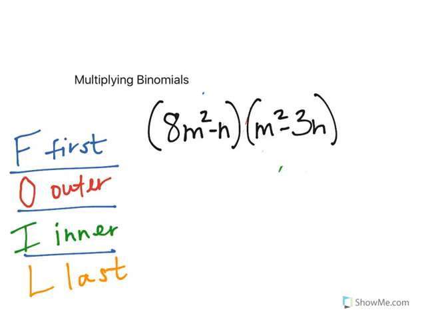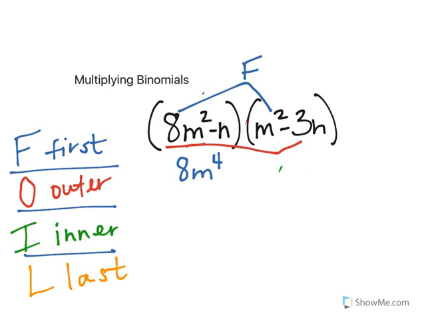I'm going to use the FOIL method, and that means that I'm going to multiply my first terms, and when I multiply that together, you have to keep in mind that we are going to add the exponents. So I will have 8m to the 4th.